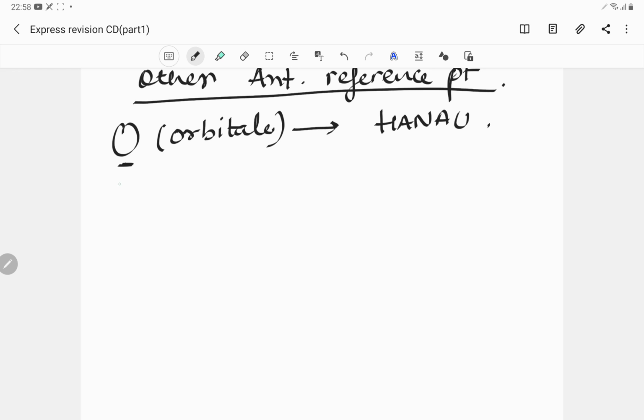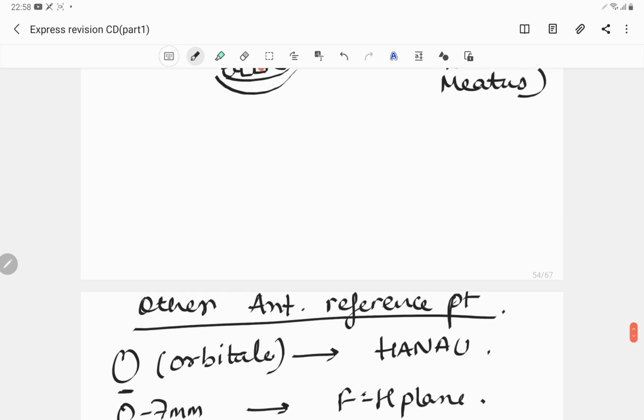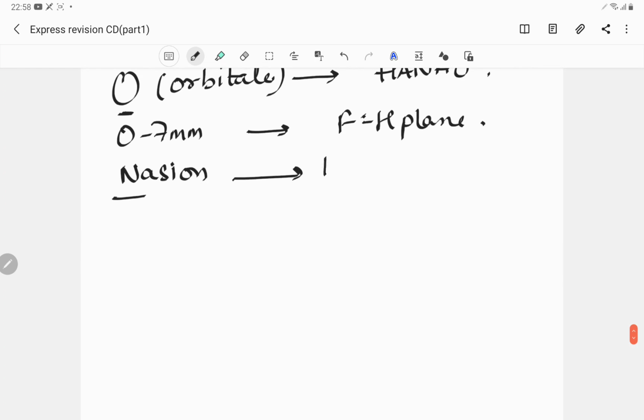Then 0 to 7 millimeters, FH plane. Nasion is the point for Quick Mount and Whip Mix.